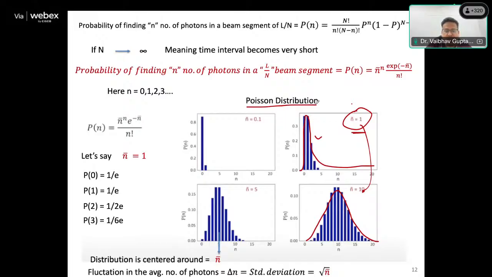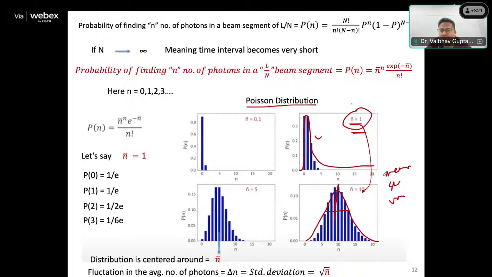Now there are multiple parameters to this. For example, if you have this plot, which is the Poissonian distribution, what is the mean value? So the mean value of this distribution will be average number of photons, n bar. So that is always the n bar. What is the deviation? This you can find out, and the variance. So there are three important terms: one is mean, one is standard deviation, and one is the variance.